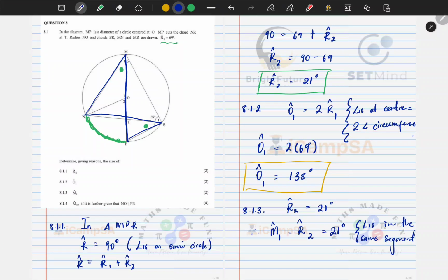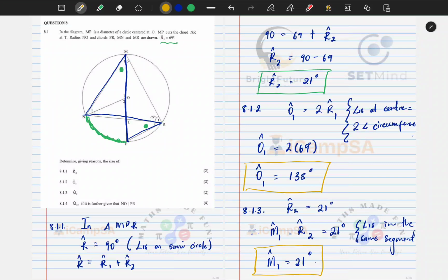That's quite simple. I always tell my learners that if you grasp the concepts first in the introduction of geometry, the theories and what they mean, everything else becomes just application. It becomes easy, right? So that means that your angle M1 is equals to 21 degrees. Right, so we've already given a reason for that.